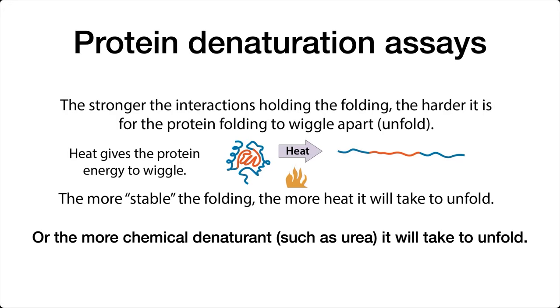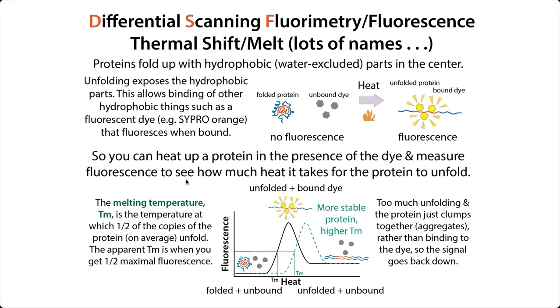It's not exactly like this, but you can think of it like how much soap you need to declog something that's really stuck together. The more chemical it takes to unfold the protein, or the more heat it takes, the sturdier the protein was. So the more urea it takes, or the higher the heat you had to get to for it to unfold, will tell you that the protein was more stable.